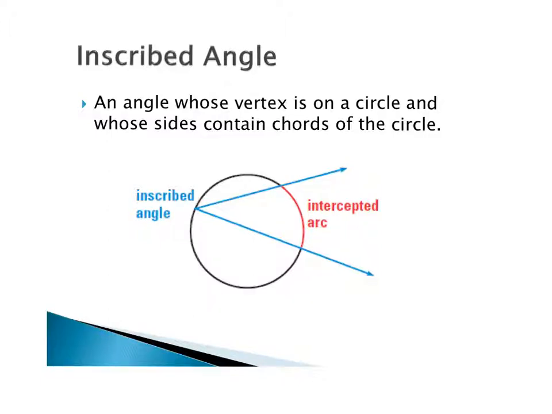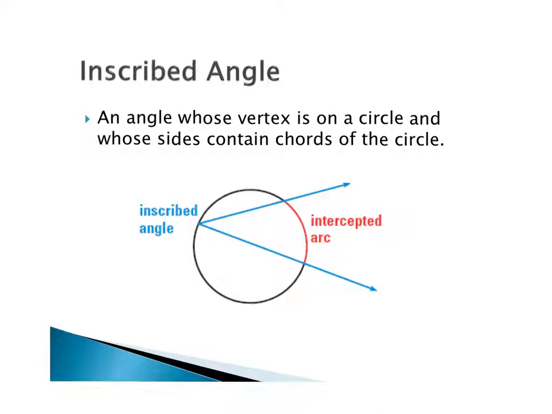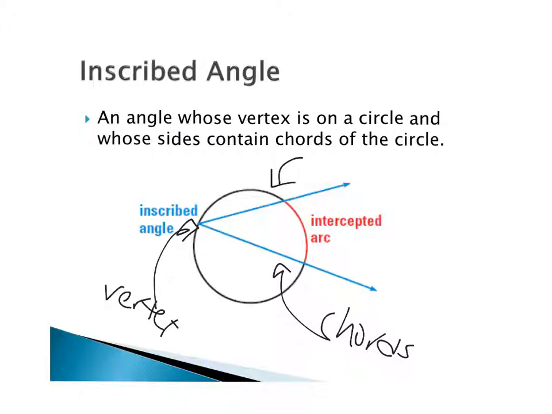Notice here, this is the vertex and it's on the edge. And over here, these are chords. Now, I know they go out of the circle, but as far as creating the intercepted arc, these are chords that create it. And this is where the vertex sits on the edge of the circle.